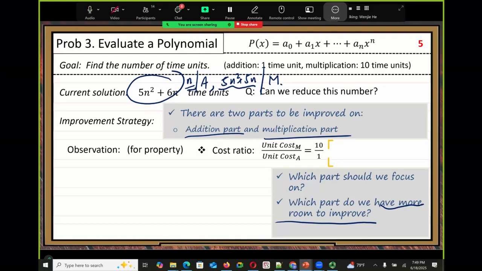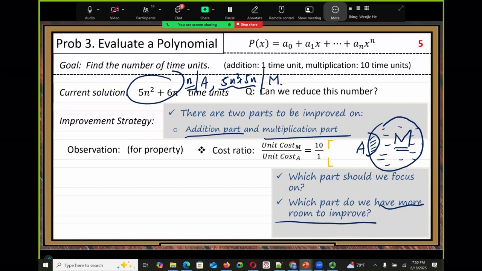If I draw a diagram, this big circle represents the total number of time units. Then only a small portion is for addition, and the big part is for the multiplication.